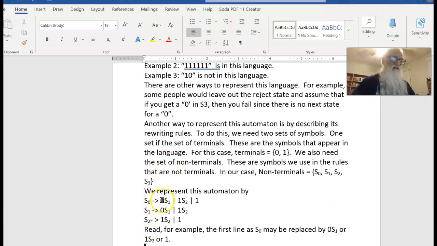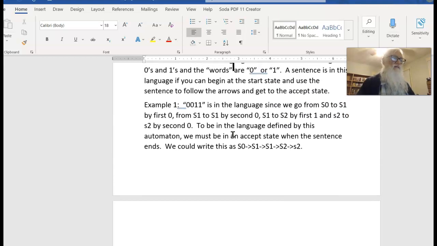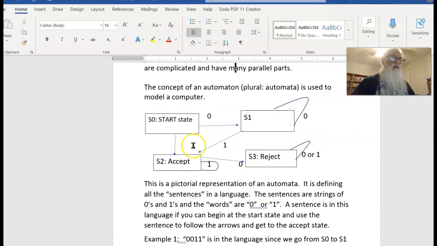Now, we can represent this automaton by these three statements here. I'm saying that if you have S0, then you can go 0 S1, 1 S2, or just 1. And I had to put the 1 in because that's an accept state. Just 1 down there would be an accept.